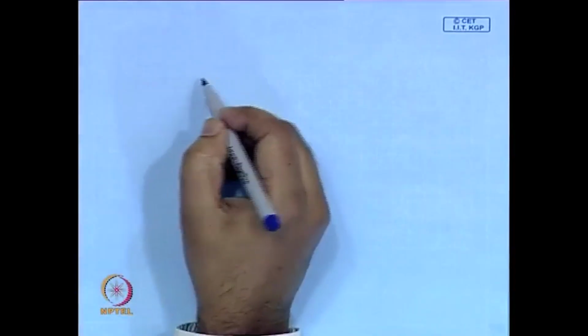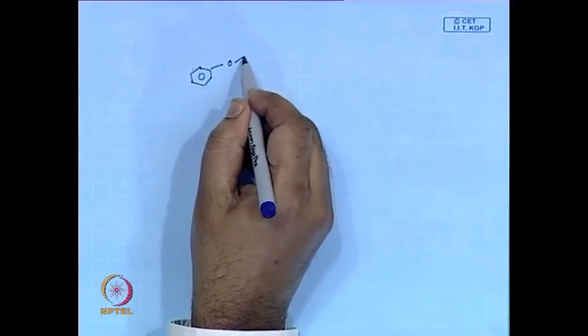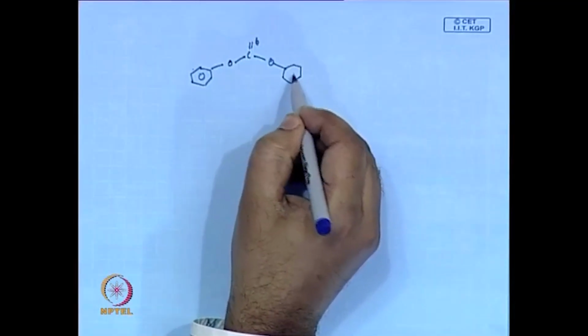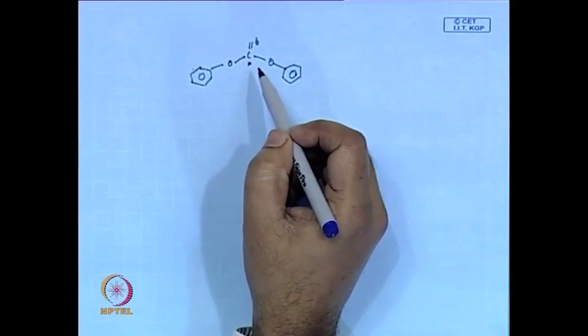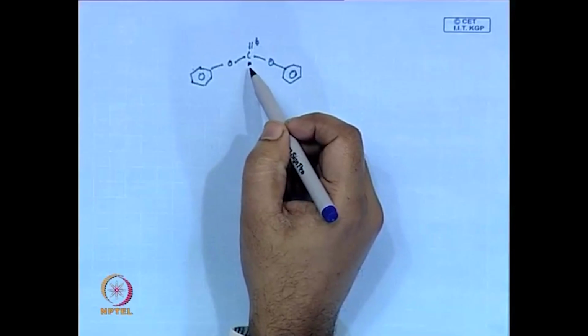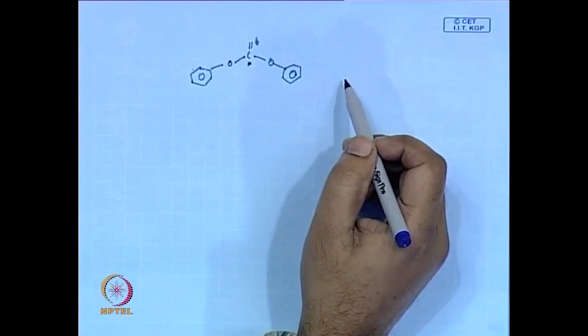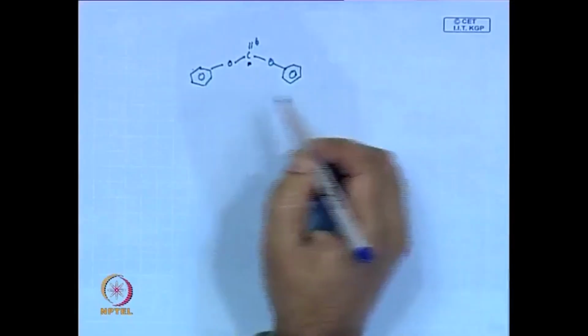Now, this is the electrophilic center. If we increase the electrophilicity of this carbon, then the attack of the phenolate coming from the bisphenol A group will be more feasible. So, the equilibrium constant will go up. How is it achieved?